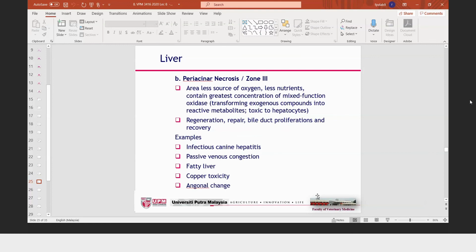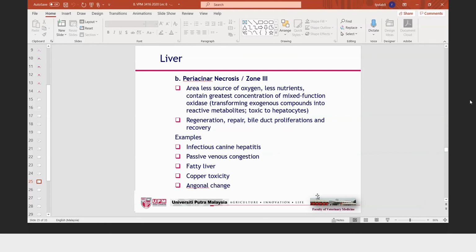So agents that tend to have lesions in this zone 3 or pre-acinar necrosis are more of infectious canine hepatitis, passive venous congestion, fatty liver, and copper toxicity.